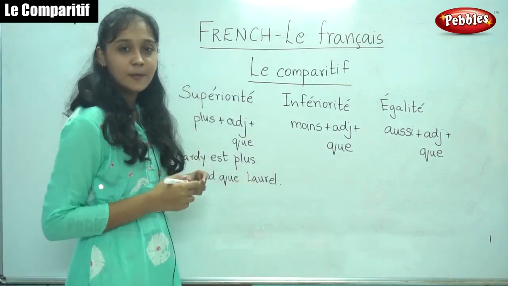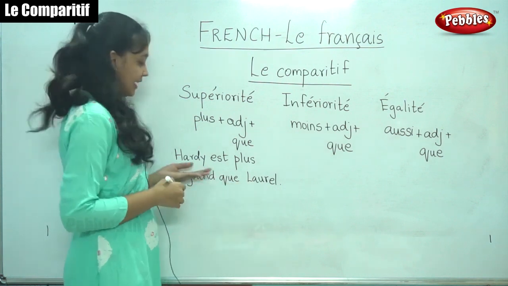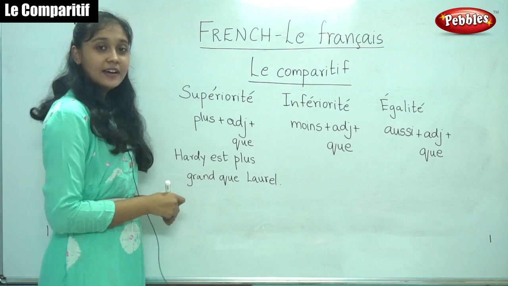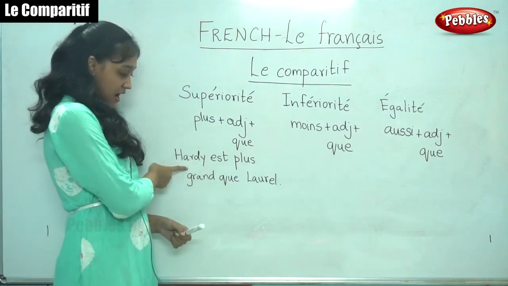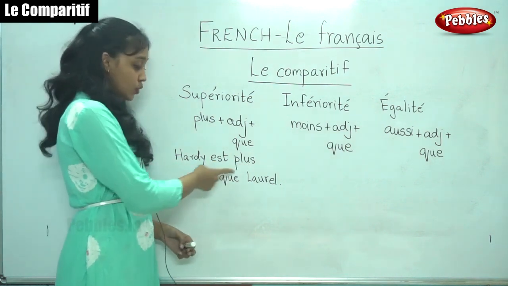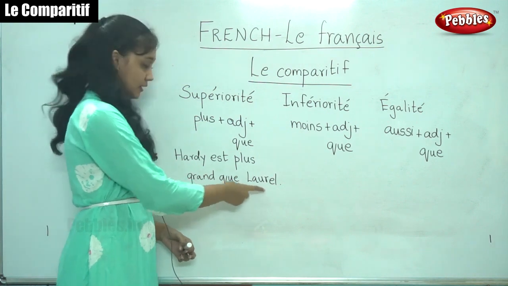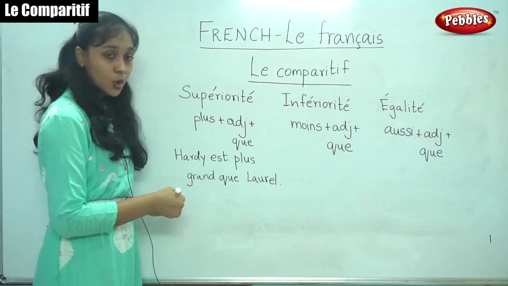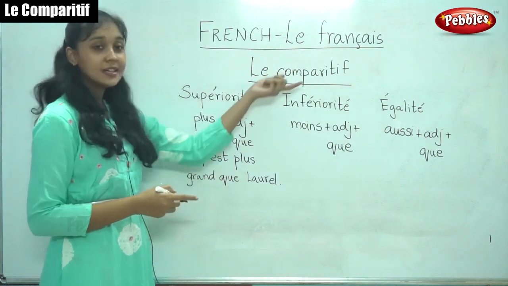So you must have heard about the show Laurel and Hardy. These are two men who are different in their sizes. Hardy est plus grande que Laurel. Grande means big. So here we are using the comparison.